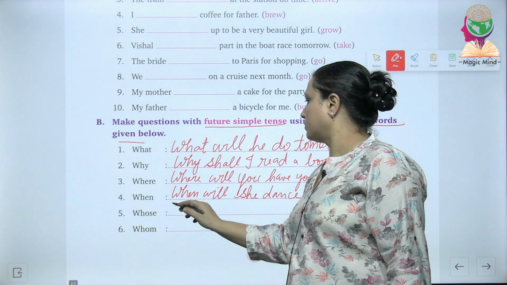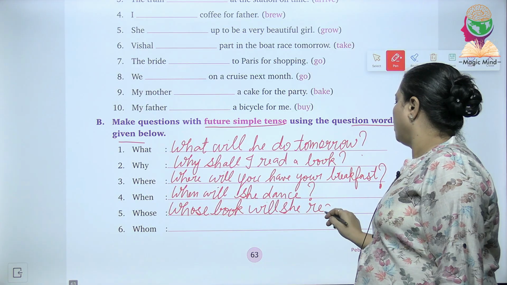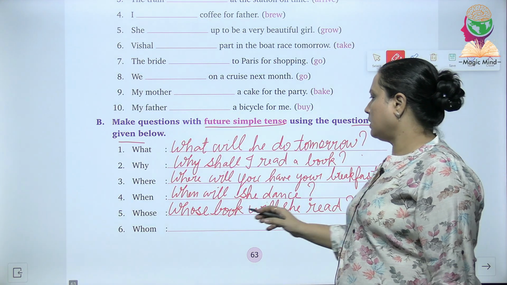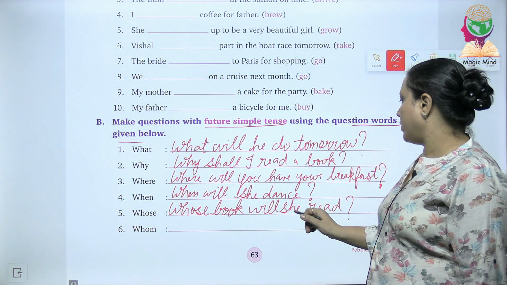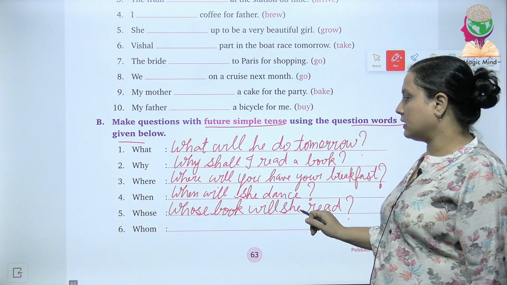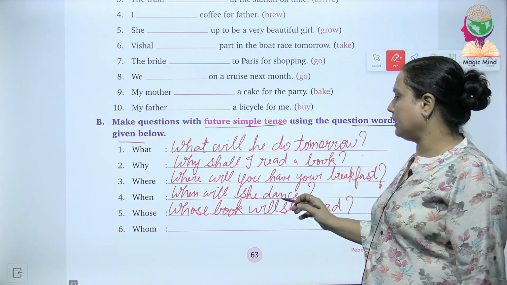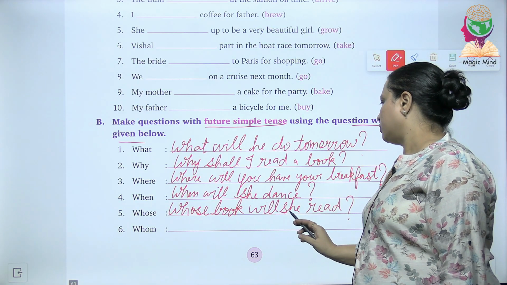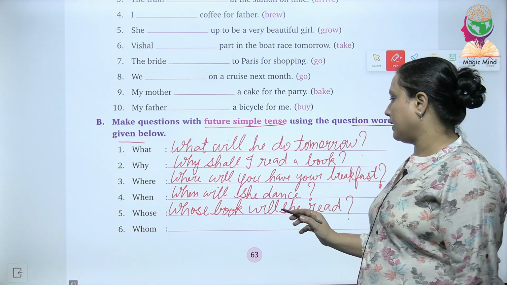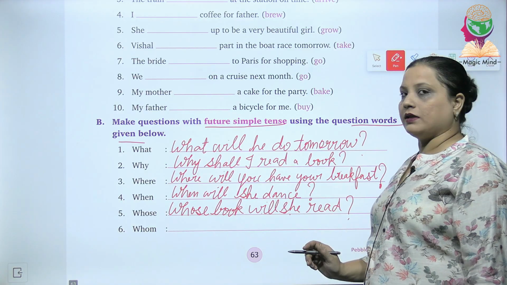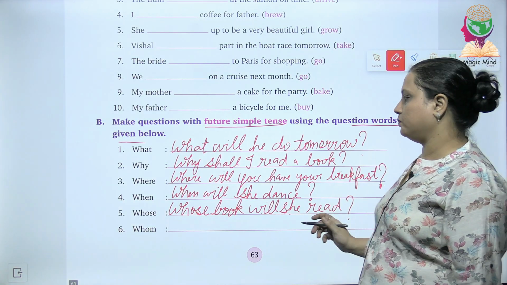Whose book will she read? Here the noun is given over here, whereas the subject is actually she. So we are using the same format as I told you: will, she and read. That means our helping verb, then the subject and then the main verb.